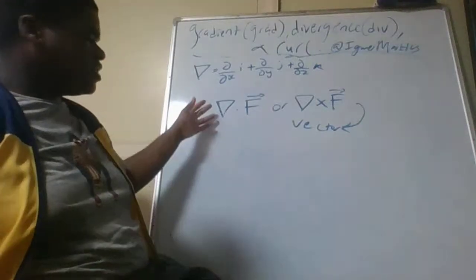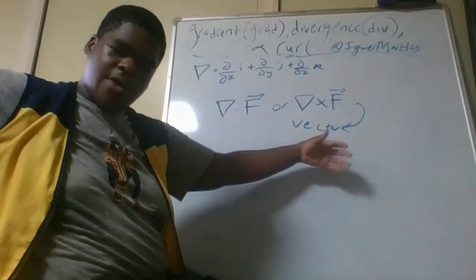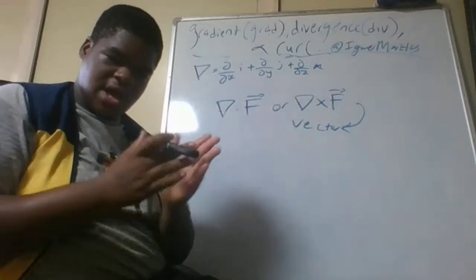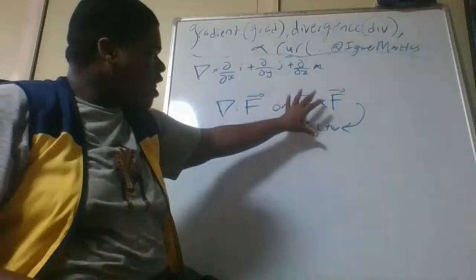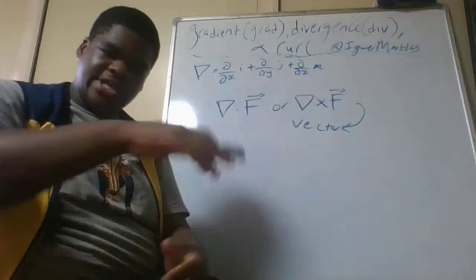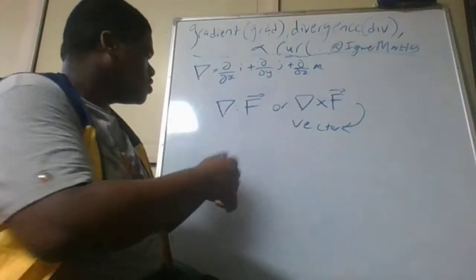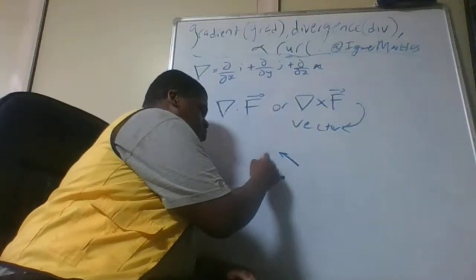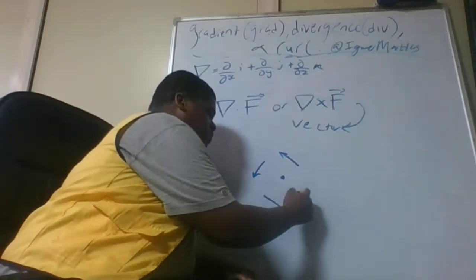So for this one, your divergence basically tells you how the vector field is expanding or shrinking, increasing or decreasing. While the curl tells us the turning effect of that vector field. So if you have a point in a vector field here, you have vectors all around it.